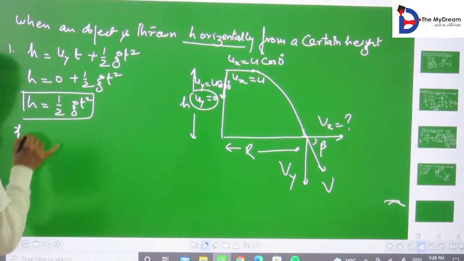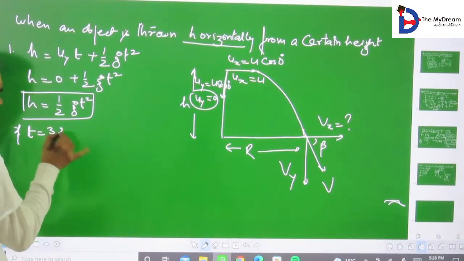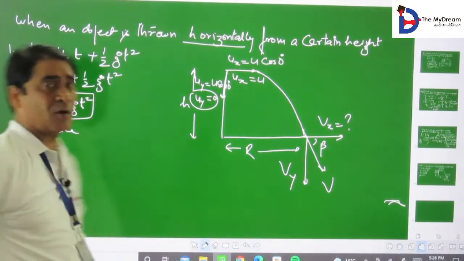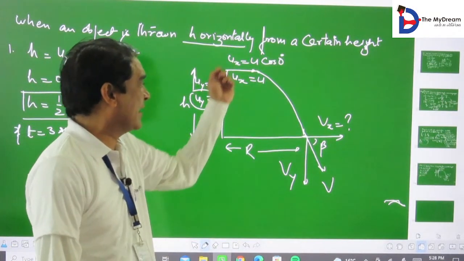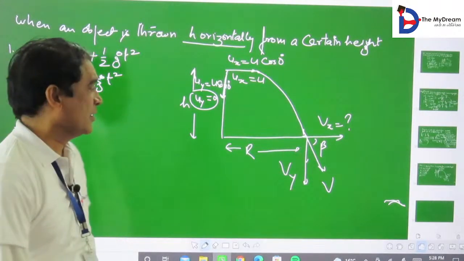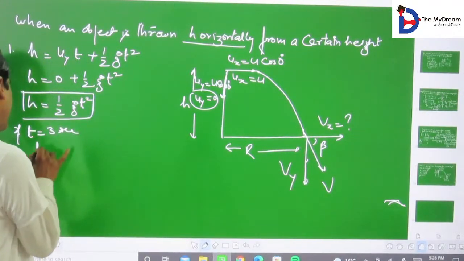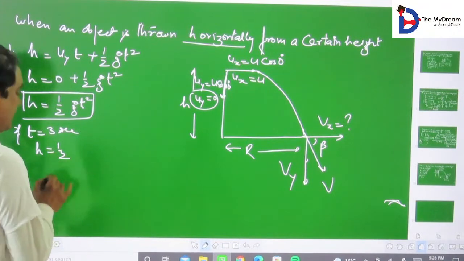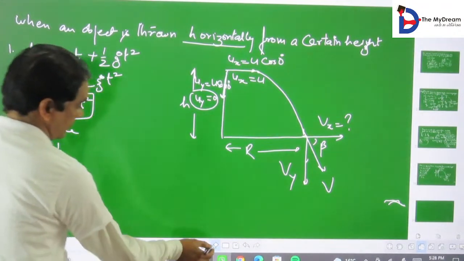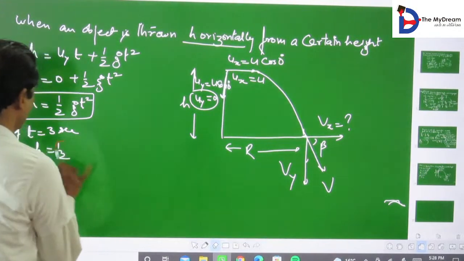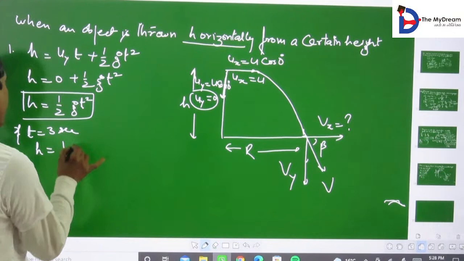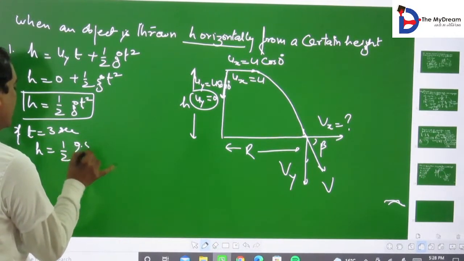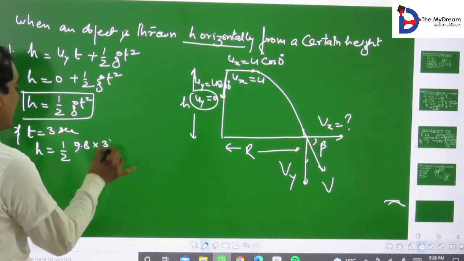If t is equal to 3, when an object is thrown horizontally from a certain height, it takes 3 seconds. How many seconds is it taking, 3 seconds. So how much will the height be, beta, height is of 3 seconds.